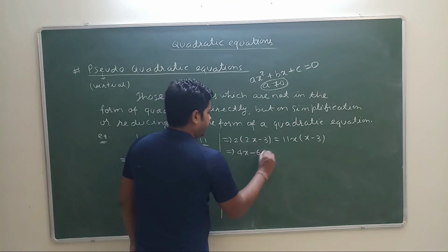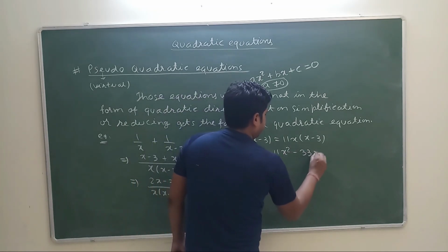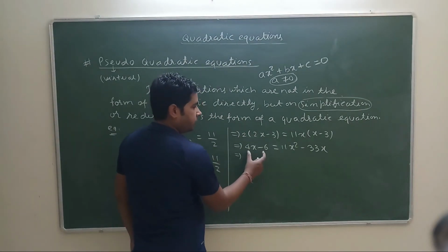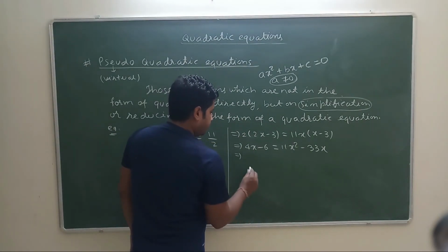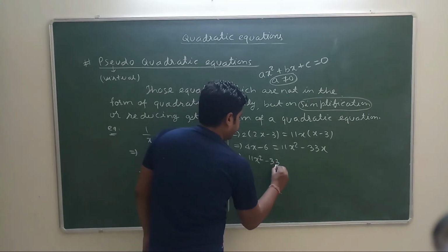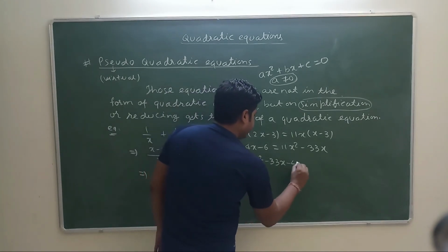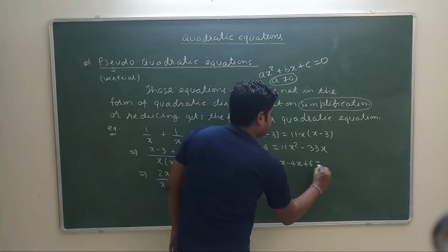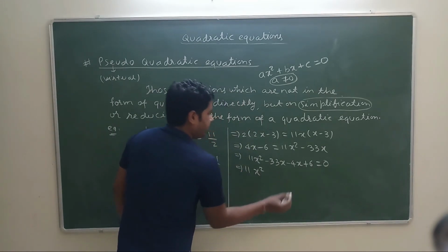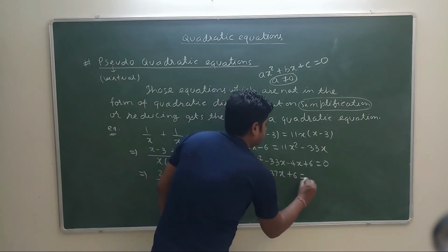So this will be 4x minus 6 is equal to 11x square minus 33x. Now I am transposing these two terms to the right hand side. So it will be 11x square minus 33x minus 4x plus 6 is equal to 0. Therefore, this is 11x square minus 37x plus 6 is equal to 0.